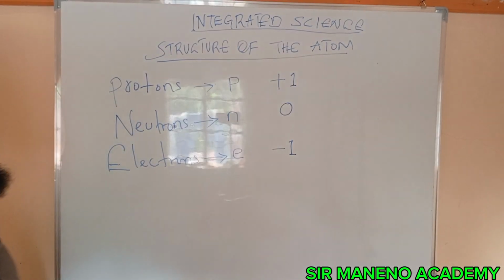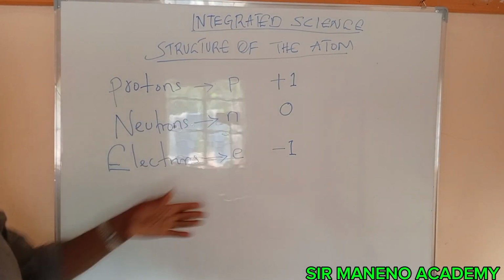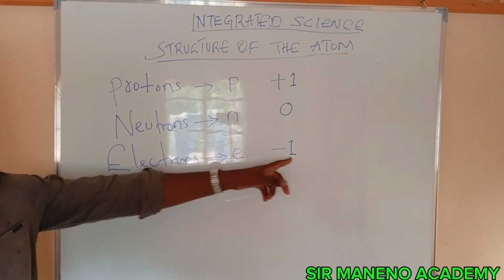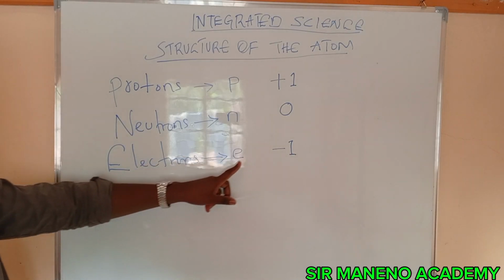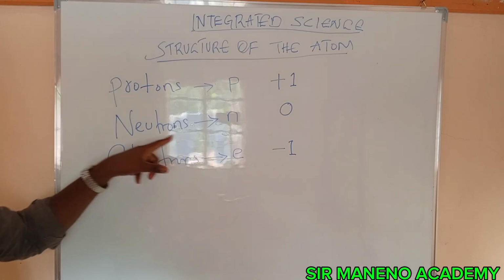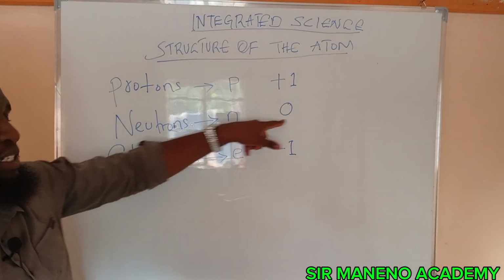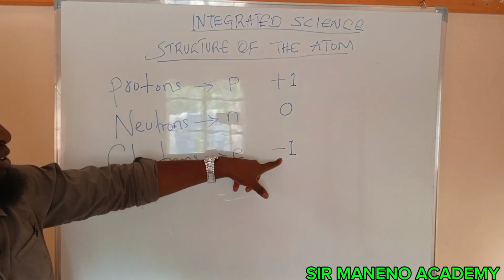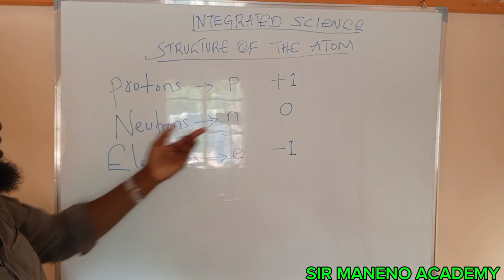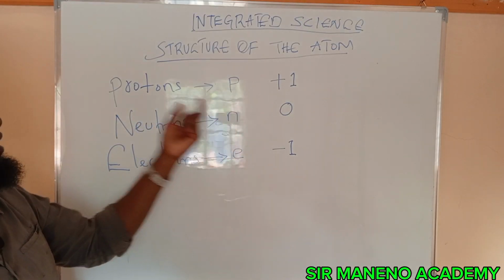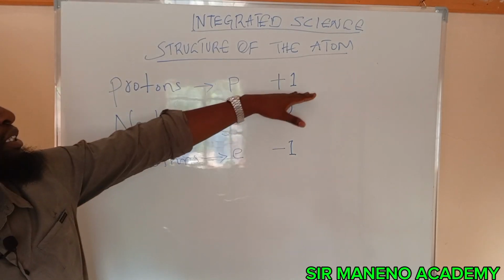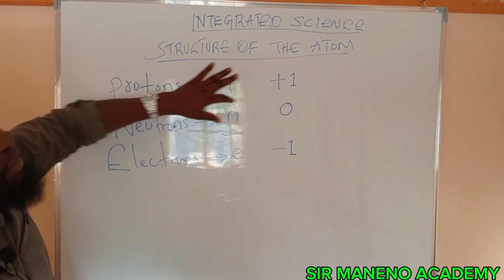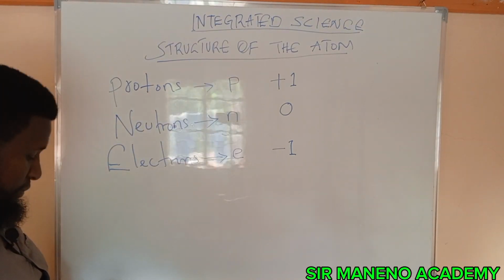Are we together? So these are some of the properties of these subatomic particles. So don't forget, electrons are negatively charged and they are symbolized by small e. Neutrons are neutrally charged. They are neither positively charged nor negatively charged. So they are represented by small n. Protons are positively charged, right? And they're represented by small p.